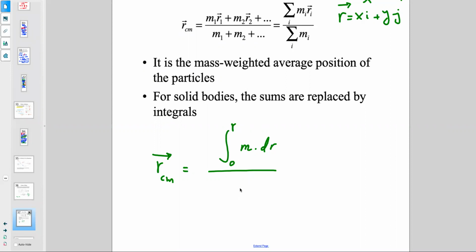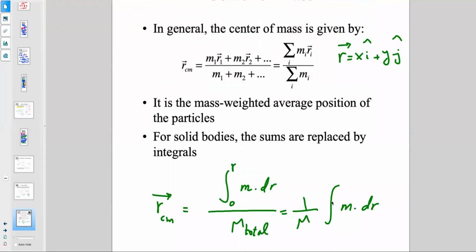And I have the total mass here, m total, or 1 over m, the integral of r dm. Okay, but this could get a lot complicated, but generally for the objects in the system, if they are individual particles or objects, then we consider them as a sum.